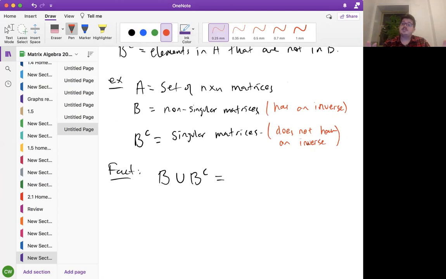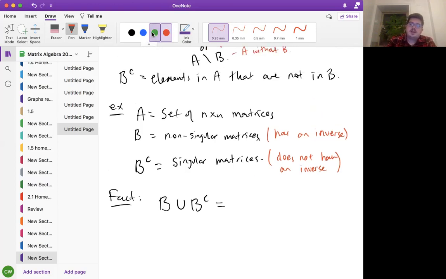So n by n matrices that have inverses are called non-singular. So it's a binary definition: a matrix either has an inverse or doesn't have an inverse. There's no middle ground. So the complement of the set of all non-singular matrices, i.e., the complement of the set of invertible matrices, must be the set of non-invertible matrices.